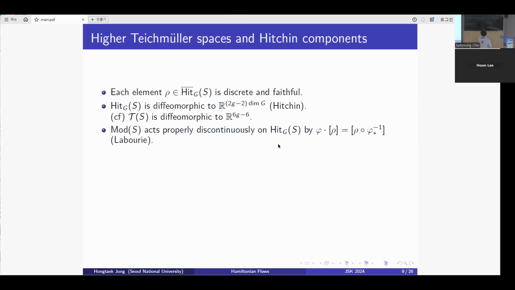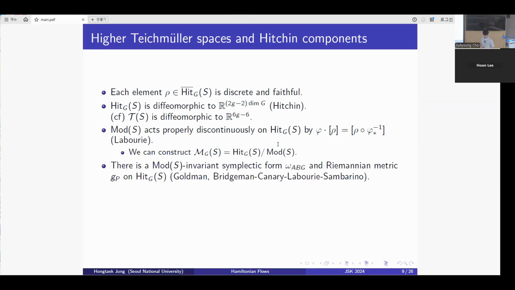And this is a result of Labourie. Therefore, we can construct the so-called Hitchin Riemann moduli space by taking the quotient of your Hitchin component by the mapping class group. This is a Hausdorff space, but usually it's not a manifold. It's an orbifold. And there is a mapping class group action invariant symplectic form, the so-called Atiyah-Bott-Goldman symplectic form.